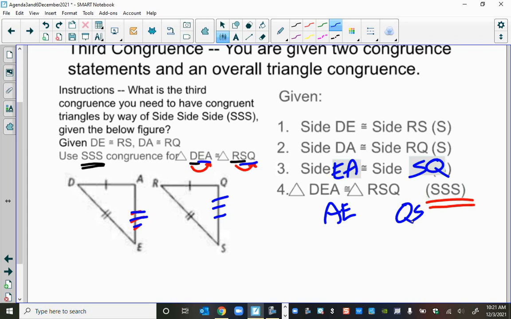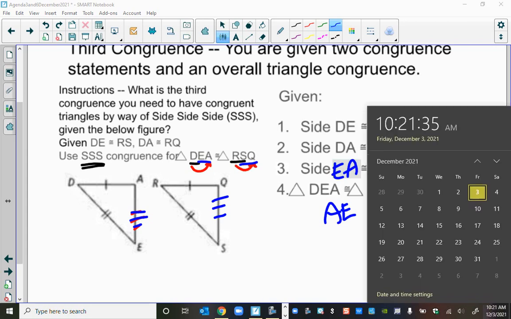Yeah, I'll give you credit for that. That's acceptable as well. Because with triangle congruence, we're going to keep it in order, but if you had just flipped it immediately, given the direction of the triangle, I'd be okay with it. So I'm down with that.